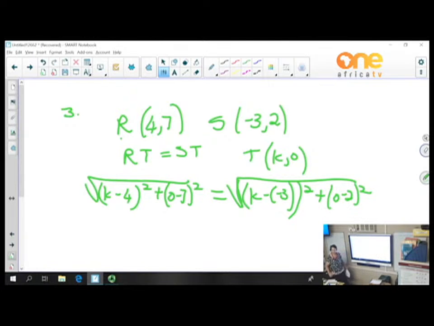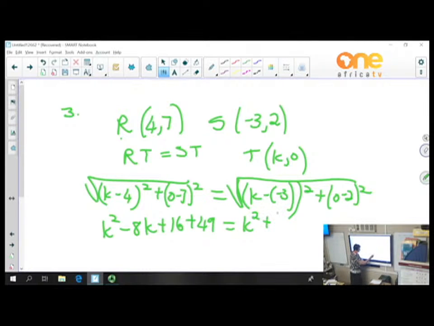That's what you need to calculate now there, because the two sides are equal. Okay, so this is again going to give us K squared minus 8K plus 16 plus 49. And this one is then (K plus 3) squared, which makes it K squared plus 6K plus 9 plus 4.